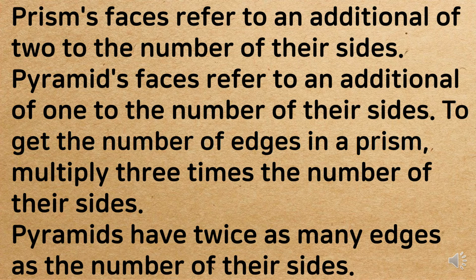To get the number of edges in a prism, multiply 3 times the number of sides. Pyramids have twice as many edges as the number of their sides.